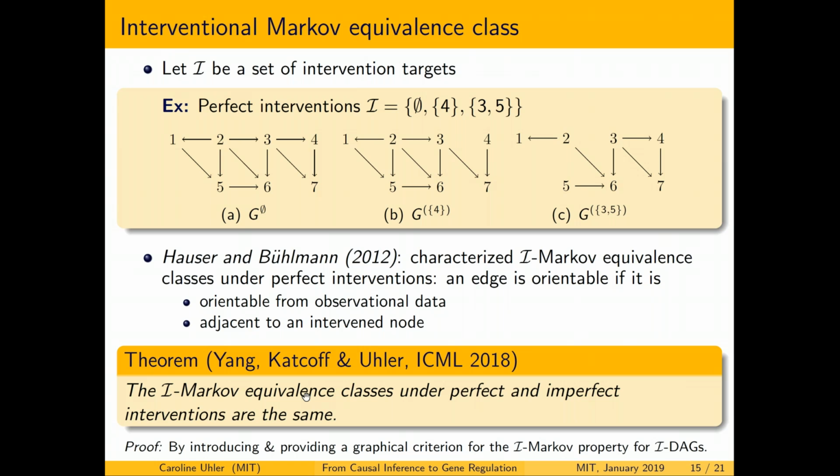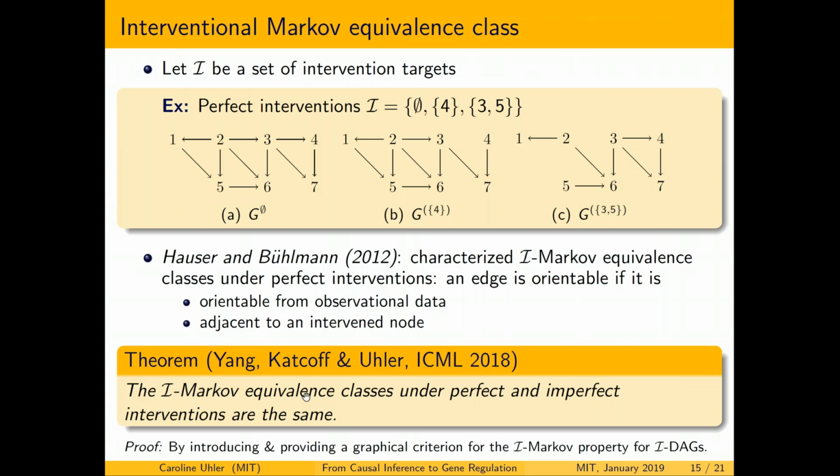So you do not gain any more information by performing the more invasive interventions as compared to the less invasive ones. When I talk to biologists, that's a nice result, because it tells you something about the experiments you should perform: it's not even worth putting in more money to do those, because they don't give you more information about the underlying causal network.